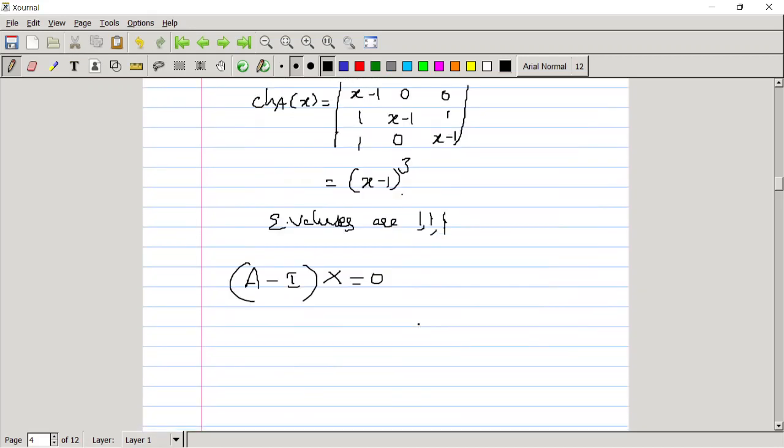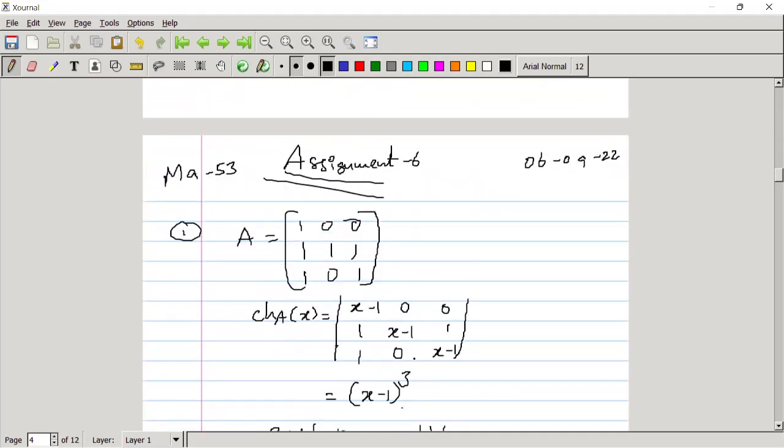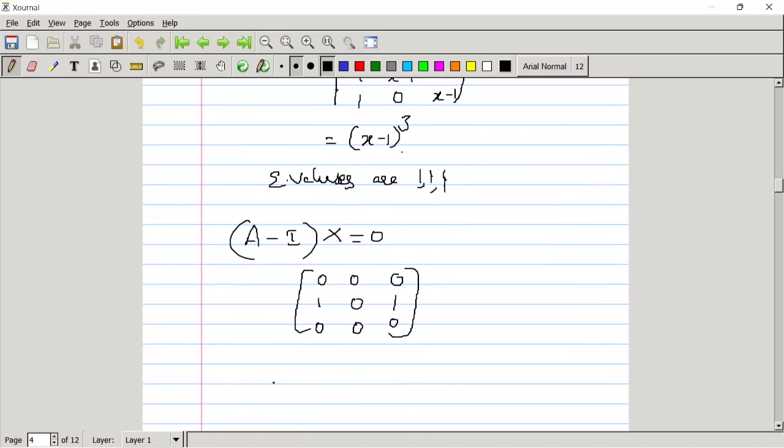This matrix A minus I is 0 0 0, 1 0 0, 1 0 0. Times the column vector x y z is equal to 0 0 0.